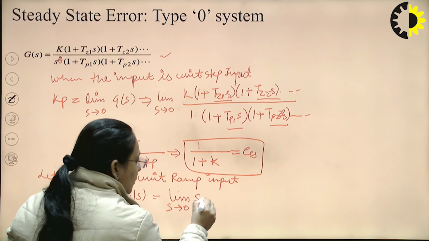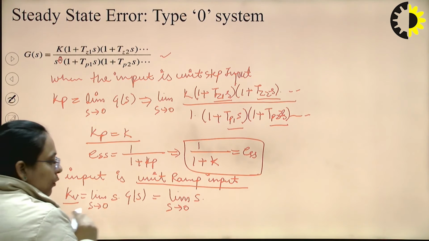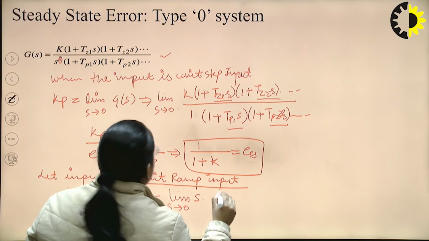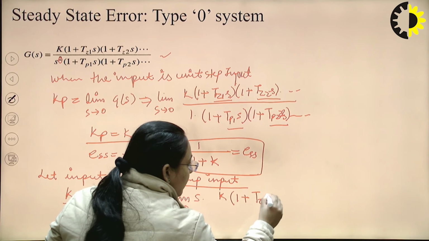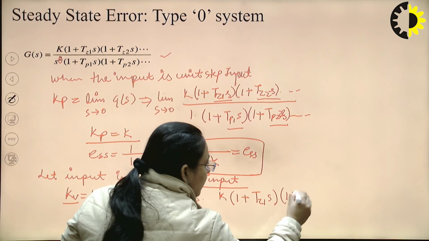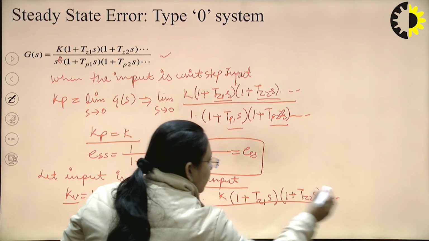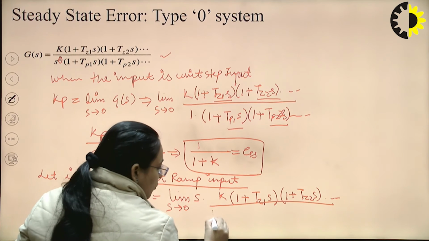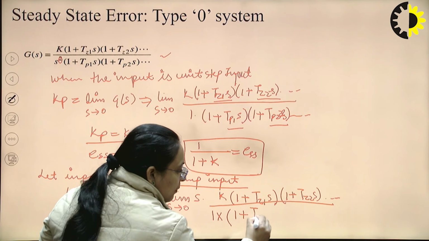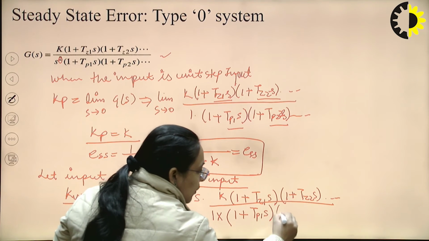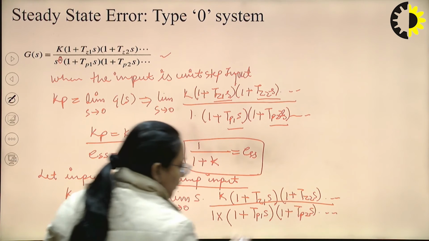For type 0 system, when we have taken the unit ramp input, I am calculating the value of Kv and simply putting the value of G(S), that is K into (1 plus TZ1 into S)(1 plus TZ2 into S) and so on, upon S raised to the power 0, means 1, into (1 plus TP1 into S)(1 plus TP2 into S) and so on, right?